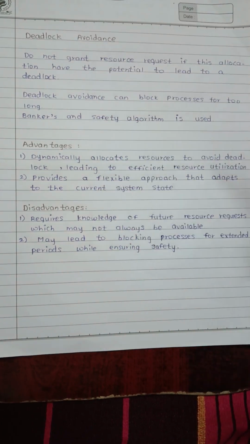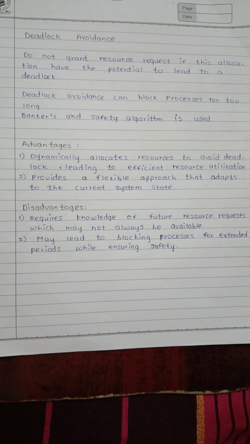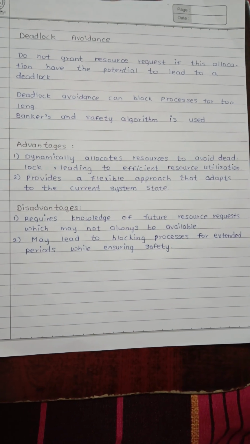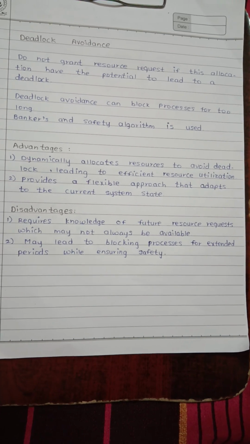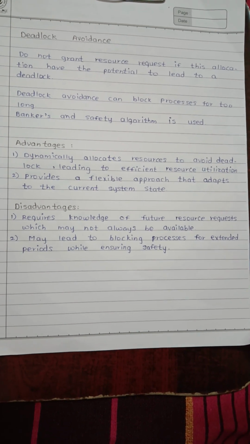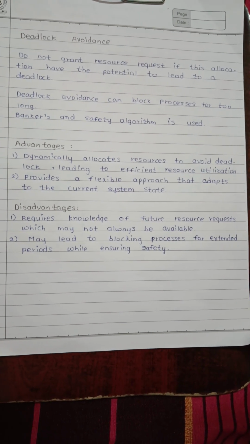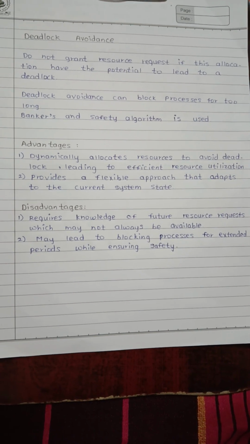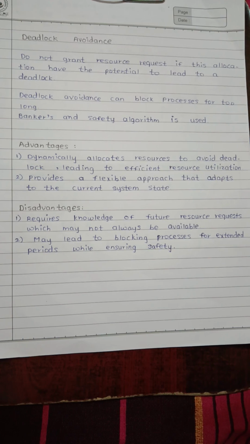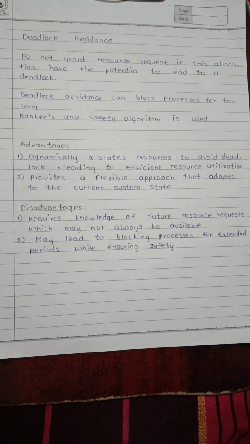Deadlock avoidance. Deadlock avoidance ensures that a resource request is only granted if it won't lead to deadlock, either immediately or in the future. Since the kernel cannot predict future process behavior, it uses a conservative approach. Each process declares the maximum number of resources it may need.